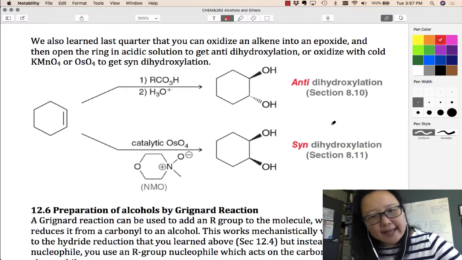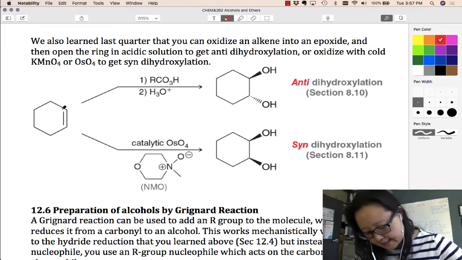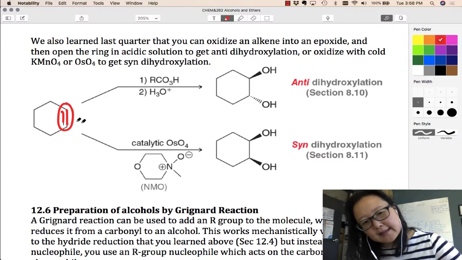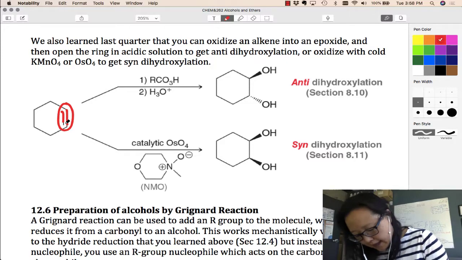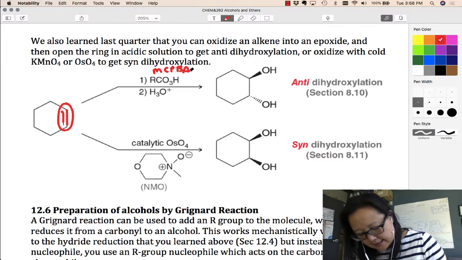And then the last thing about oxidation here is when you want to oxidize an alkene, then you can use two different routes here. One is you can use mCPBA or some kind of peroxy acid, and the peroxy acid will insert itself into the pi bond and make an epoxide.